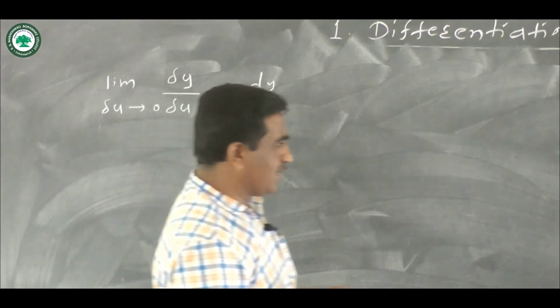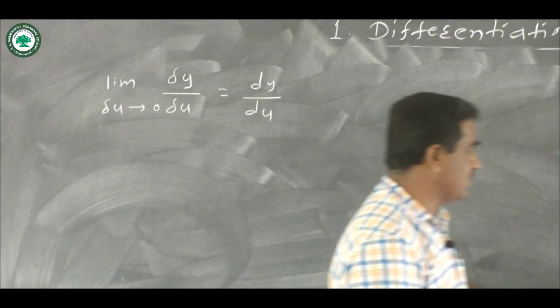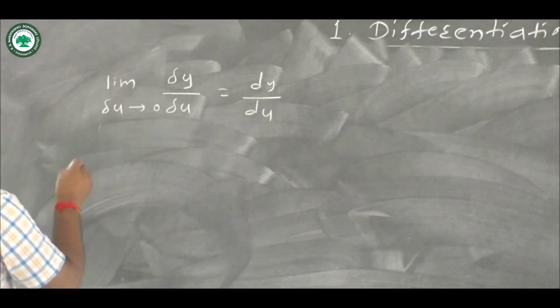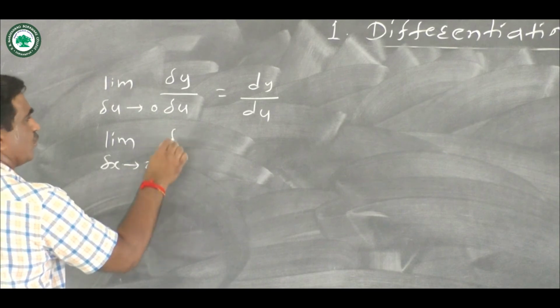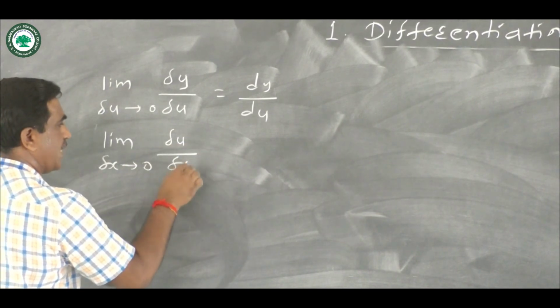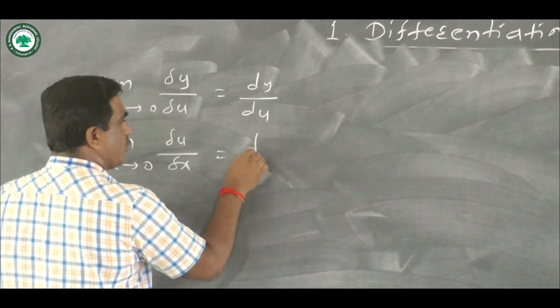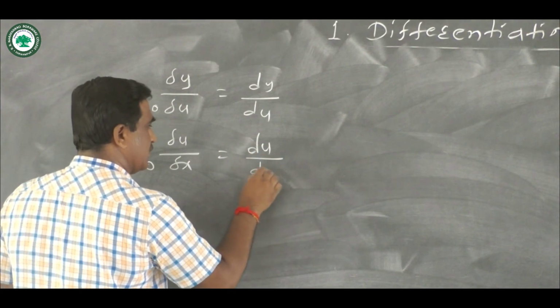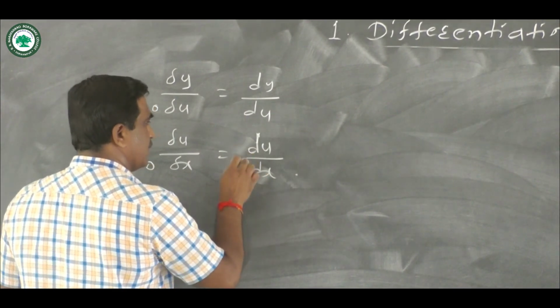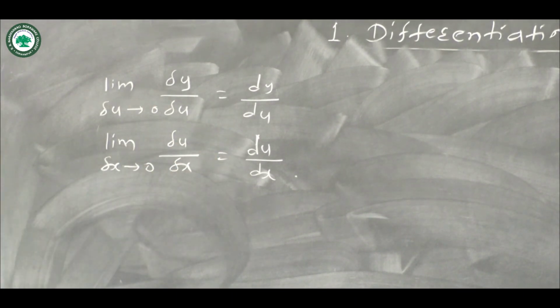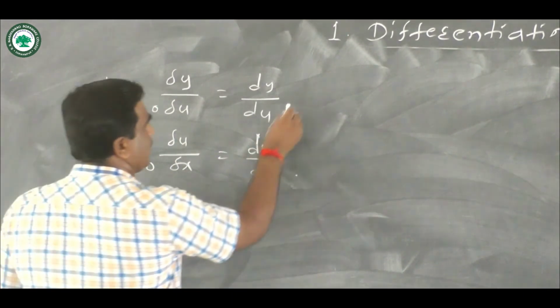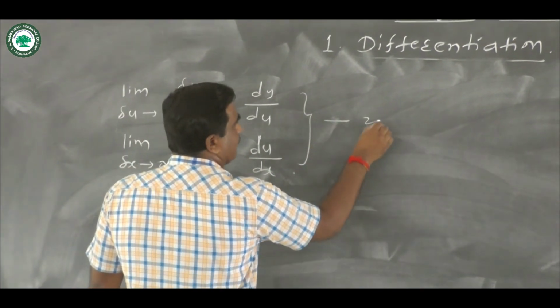And since u is a differentiable function of x, therefore we can write here limit delta x tends to 0, delta u upon delta x is equal to du upon dx. Delta and d are different. Okay, now call this equation number second.